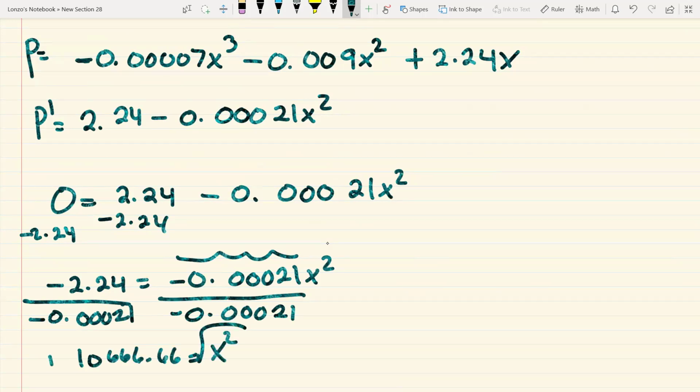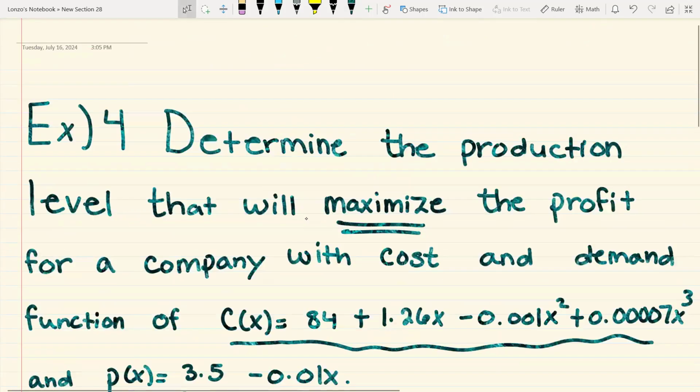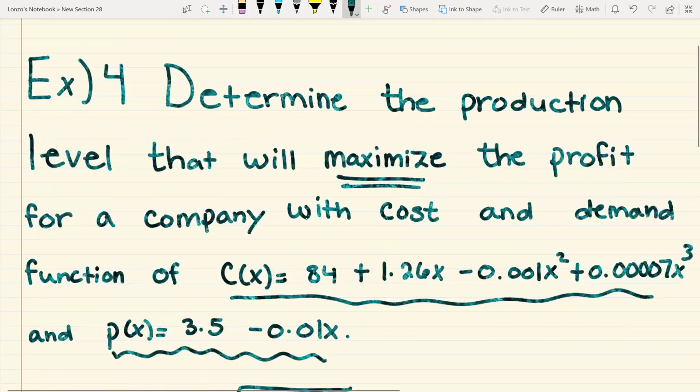Take the square root of both sides, and you get x is about plus or minus. When you take the square root of that, it's about 103. It's best to not use the negative because you can't have a negative quantity.